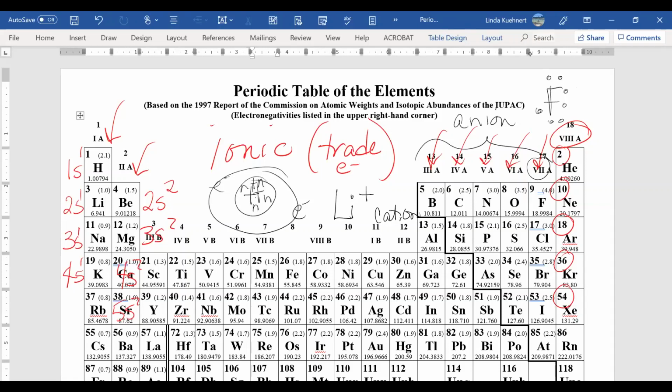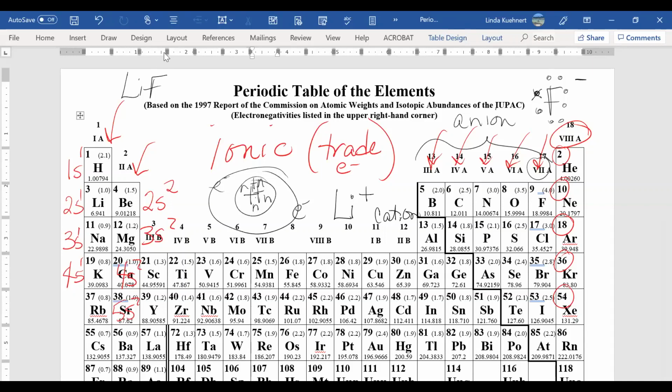And it would like to have 8 valence electrons. So it's missing 1 electron to have the same electron configuration as neon. And so it likes to gain an electron, and gaining electrons makes negative species. Now, lithium and fluoride are then attracted to each other, and a lithium fluoride bond forms.